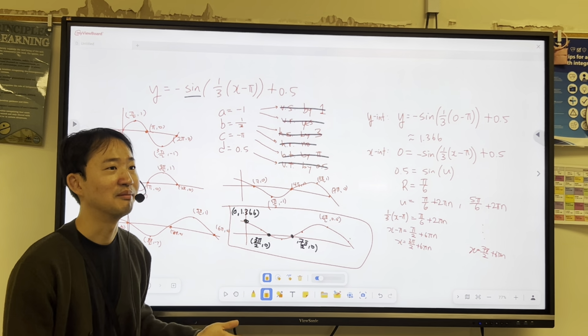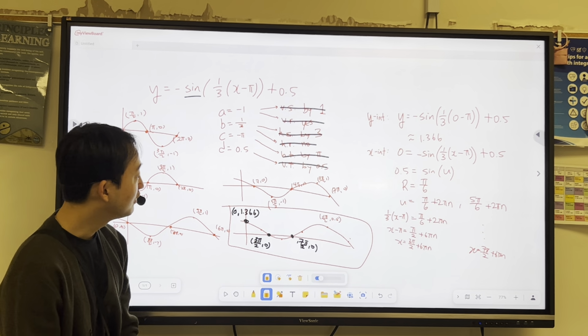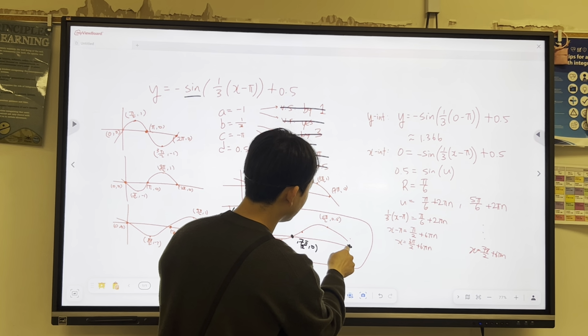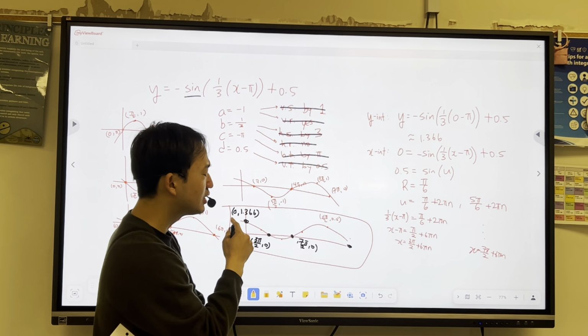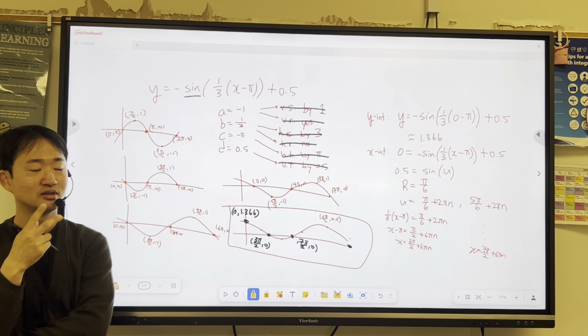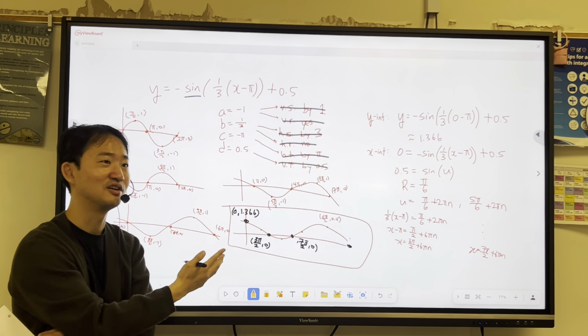So you plug it in, put it into the calculator, you get -0.5. And you're like, oh, -0.5 must be my minimum. And then you do the same thing. The next one here, according to this calculation, 3π/2 plus 6π, this is 15π/2. So what is the middle of 15π/2 and 7π/2? 11π/2.